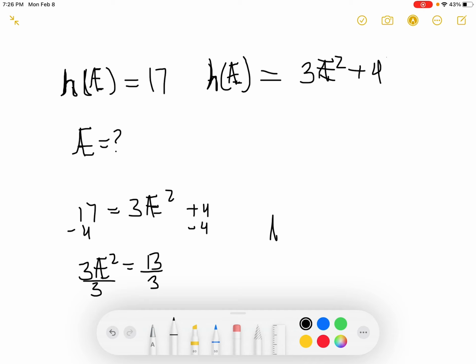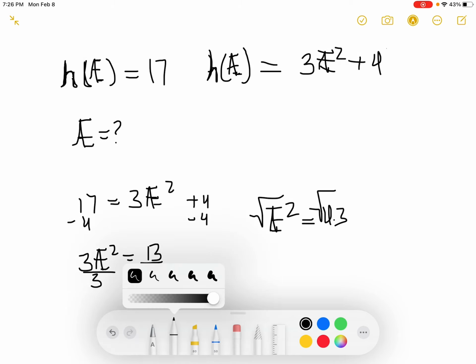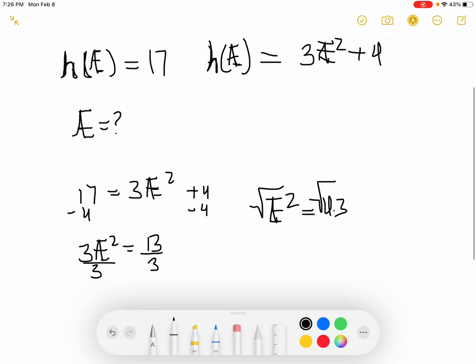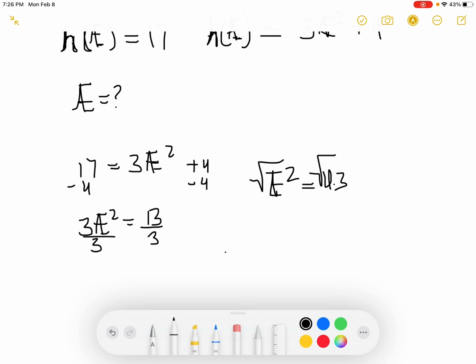So a squared is 4.3. Then we take the square root. So the square root of 4.3 is 2.1 approximately. So that means that a equals 2.1. There we go. That's how you do it.